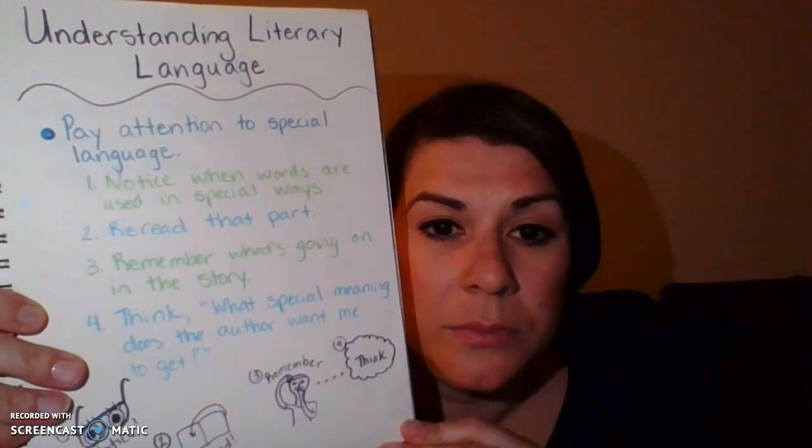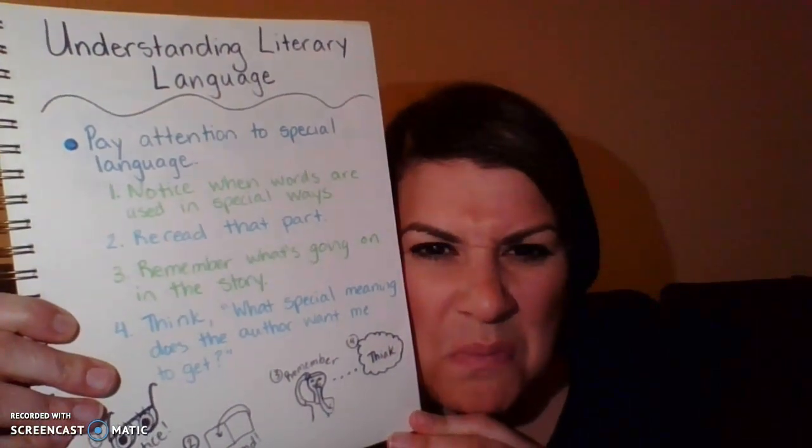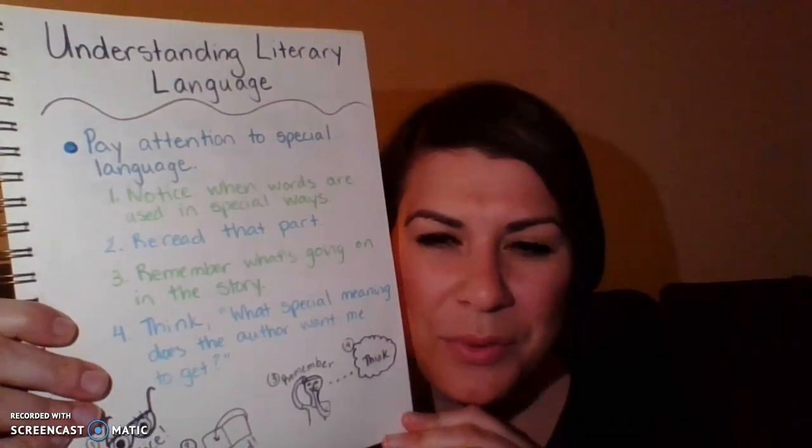So not only are they comparing the flower to being like them, a traveler, but they're also comparing the flower to a lantern that's used as a way to guide people and light the way. So think about, what special meaning does the author want me to get from that?